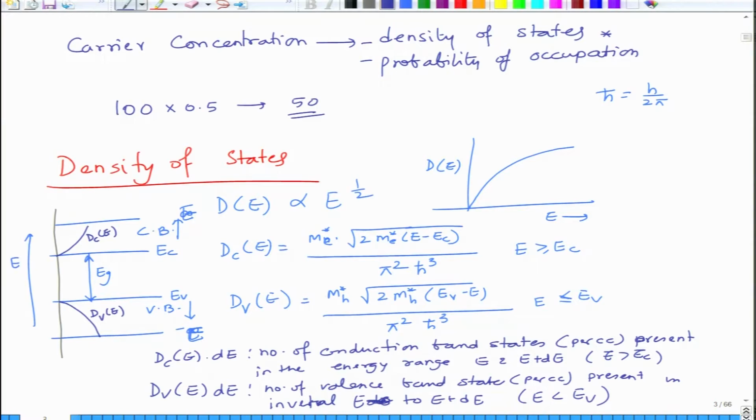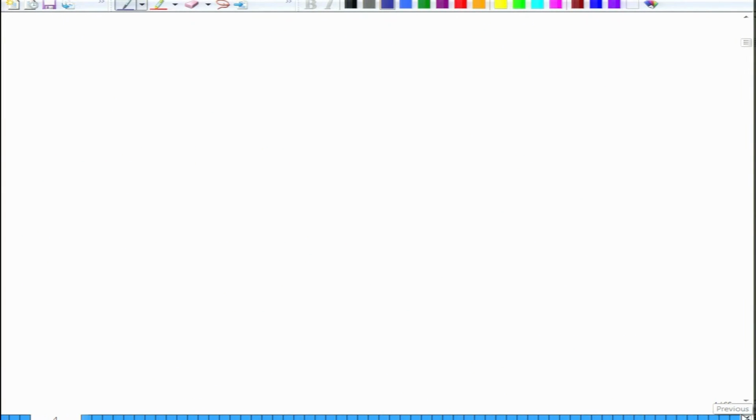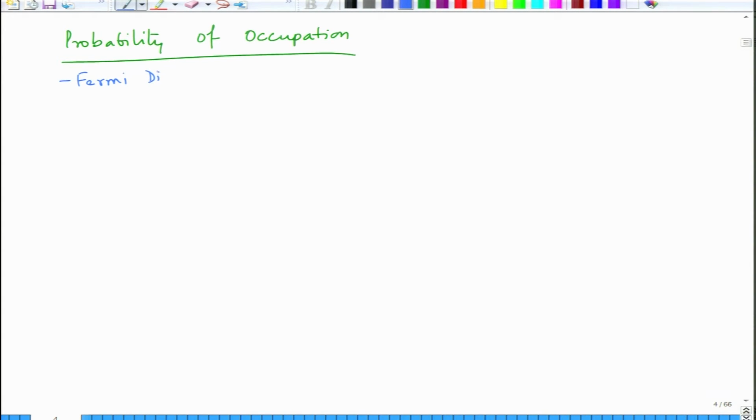Now what we need to know next is the probability of occupation. This comes from what we call Fermi-Dirac statistics. So here we write a function, Fe, the Fermi function.